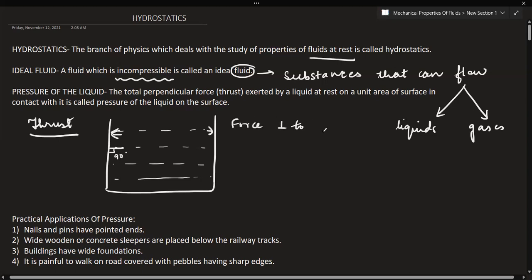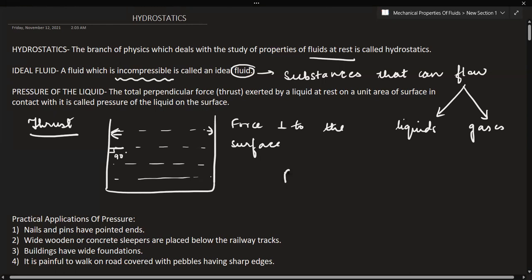Force perpendicular to the surface is known as thrust. So the total perpendicular force, thrust, exerted by a liquid at rest on a unit area of surface in contact with it is called the pressure of the liquid.